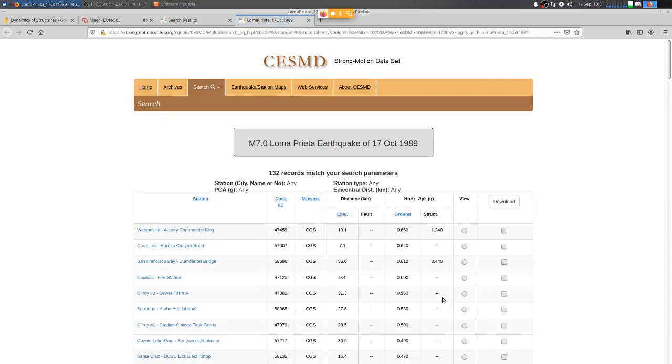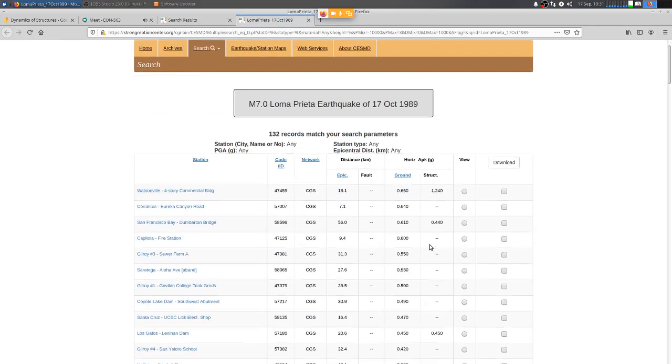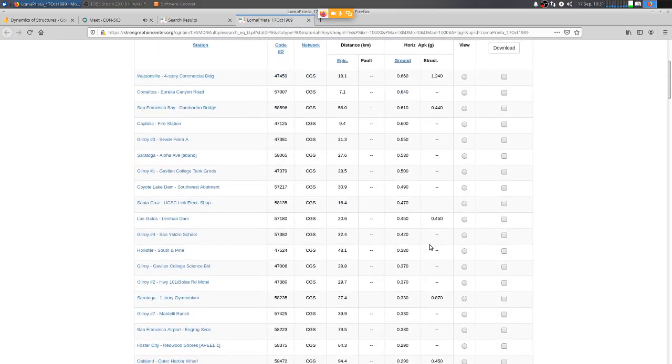So these are the ground motions, and any ground motion you can take. Let's say Coyote Lake, horizontal acceleration about 0.5, 0.6 G. San Francisco Bay, this is on the bridge, commercial building, Canyon Road.